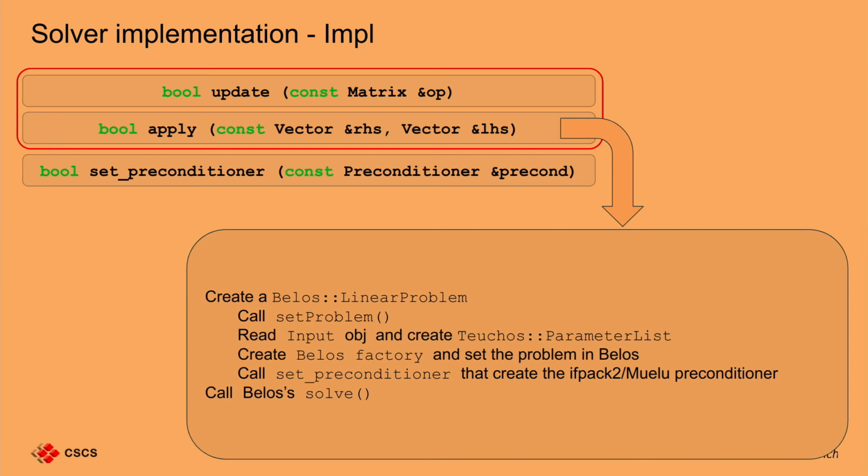We create the Belos linear solver, we set the solver, we read the parameters from the input object, and we create the parameter list both for the linear solver and for Belos. We create the Belos factory, we set up all the details about Belos. And then we call set preconditioner, this function, to create, in this case, an IFPACK2 or MueLu preconditioner. And then finally, we call solve.